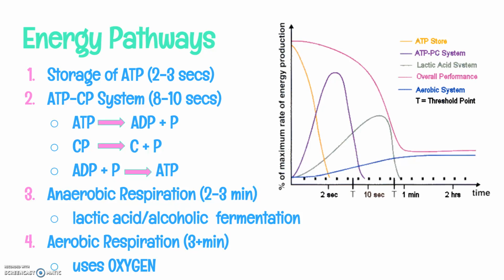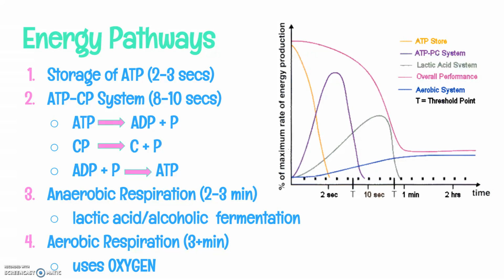Some of you might think that we go straight to aerobic respiration and we need oxygen every single time we're trying to get energy. But it doesn't work that way. That's only if we're in activity or exercise where we need energy for a longer time and we need more energy. So the first step for respiration is the storage of ATP. Any ATP that's already stored in our bodies that we didn't work for recently, we would use that first.